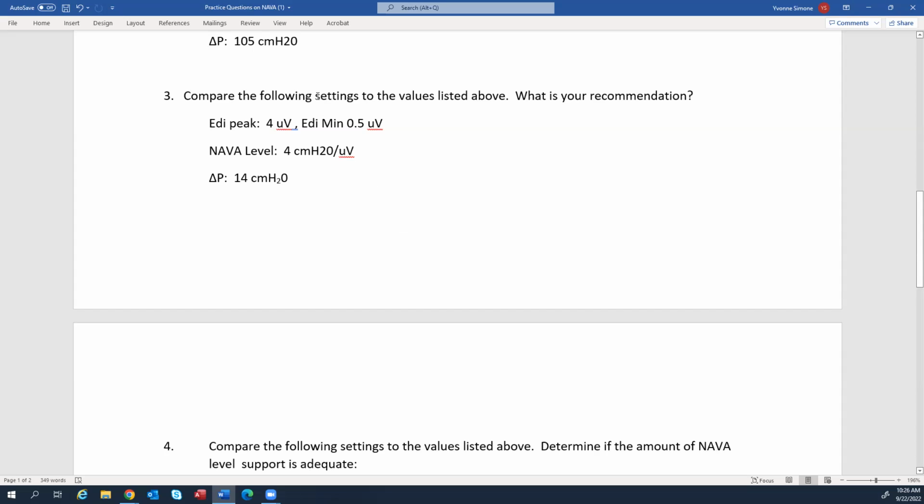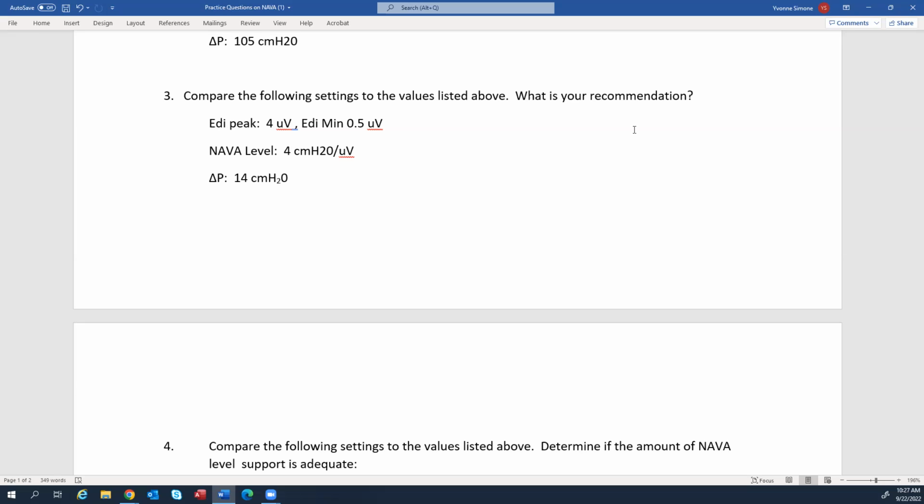Okay, I think this continues. Here we have an EDI peak of 4 microvolts minus the minimum of 0.5, so 3.5 microvolts. What is your recommendation? The patient's on a NAVA level of 4 centimeters water per microvolt. So if we say the normal is between 5 and 15, and this patient has an EDI peak of 4, they're not working very hard.